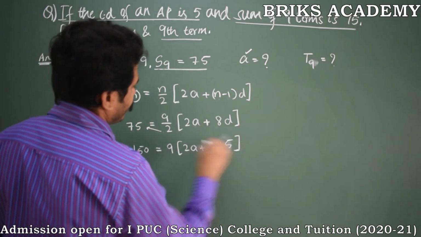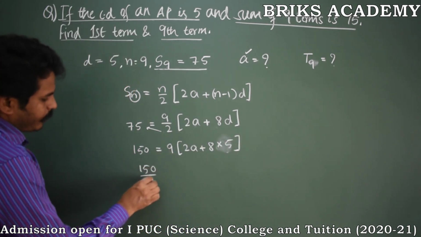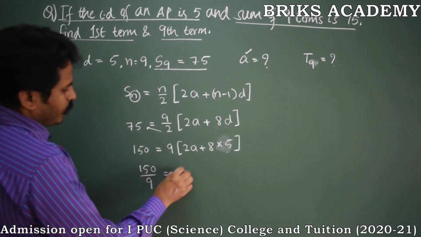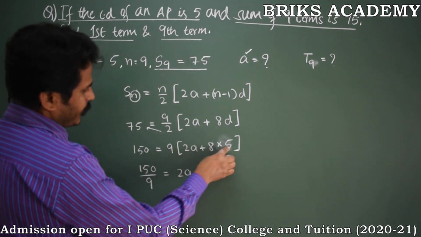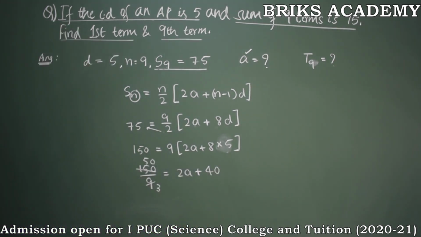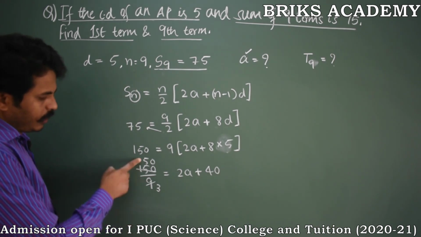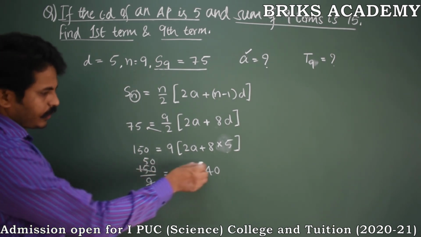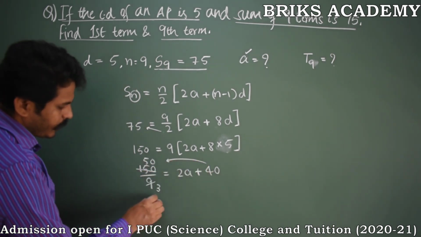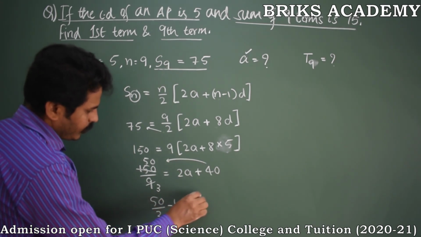5. If I take the 9 to this side, it becomes 150 divided by 9 equal to 2a plus 8 into 5, is it 40? 3 3s are 9, 3 50s are 150. So if I take 40 this side, that is 50 by 3 minus 40 equal to 2a.